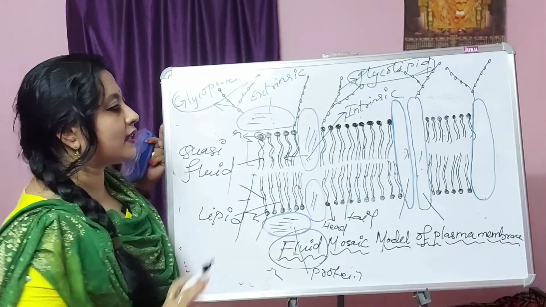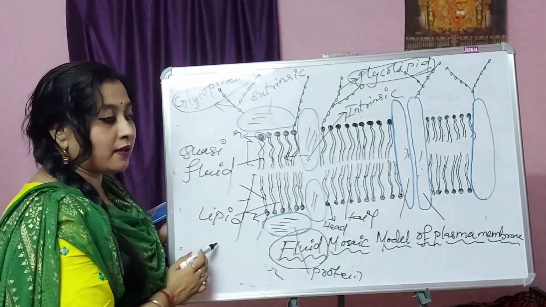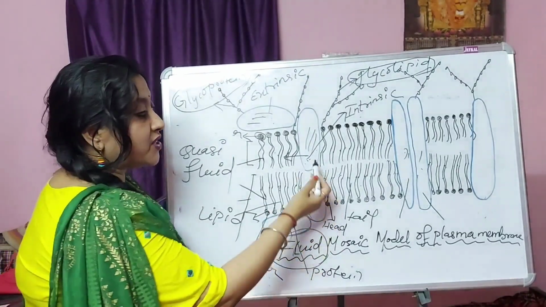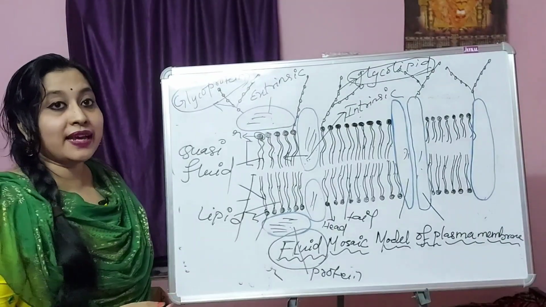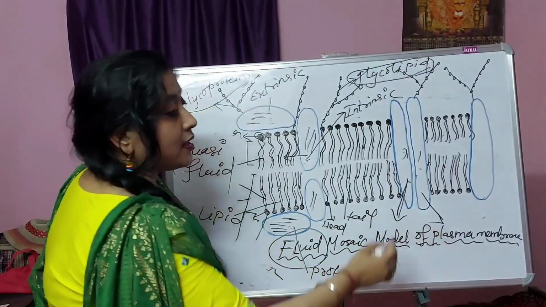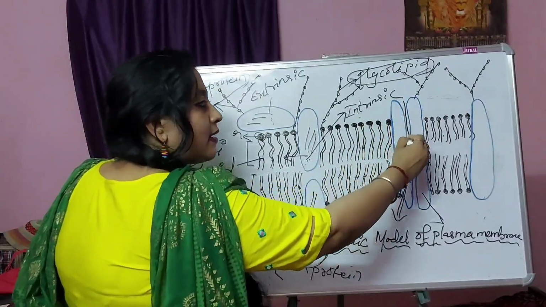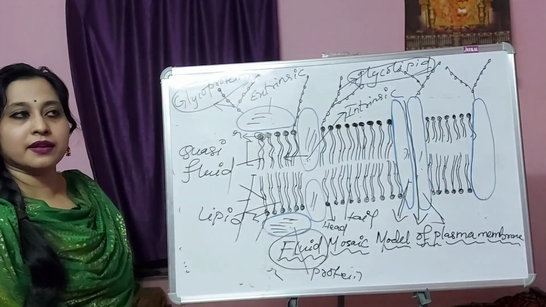This is the whole concept of the fluid mosaic model: the fluid nature of lipid allows the proteins to move inside the lipid layer. Some protein molecules, this structure and this structure, make a channel here for transportation across the membrane.